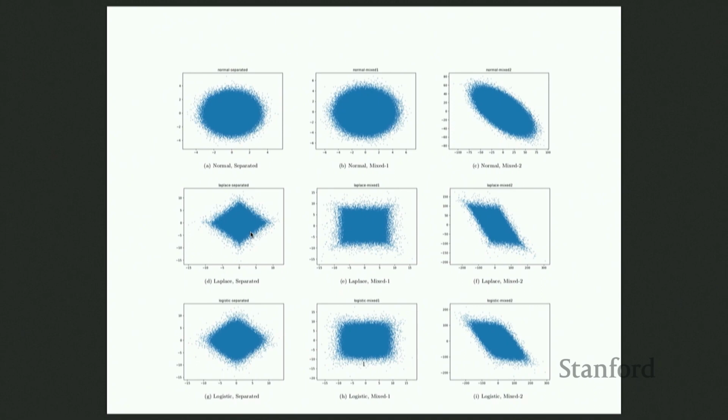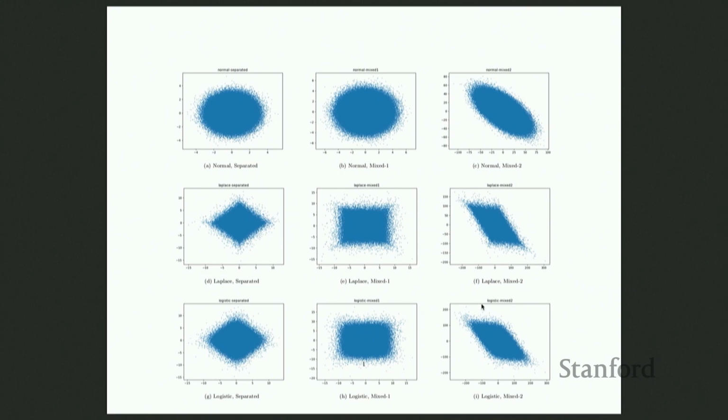And then if we apply linear transformations, we get shapes that look like this. Similarly, if you start with two independent logistic distributions, they look like this, and as you apply transformations, they take different shapes.